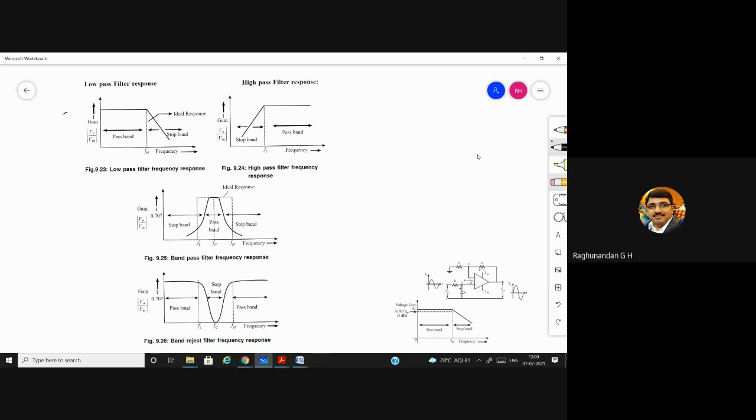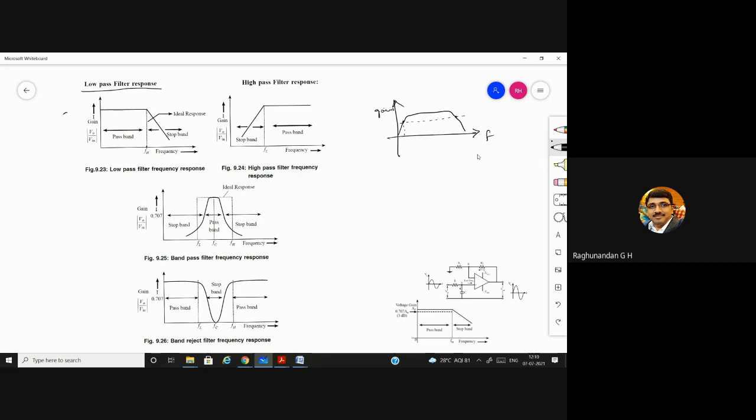Okay. Now, as we listed out, the first one is the low pass filter. In the low pass filter, as you can see, we have three regions. When you take an amplifier, and if you did the open-ended experiment last time in the AD lab, you got a frequency response like this, frequency versus gain, and you plotted it on a graph sheet, took 3 decibel downwards and marked a point here and here.